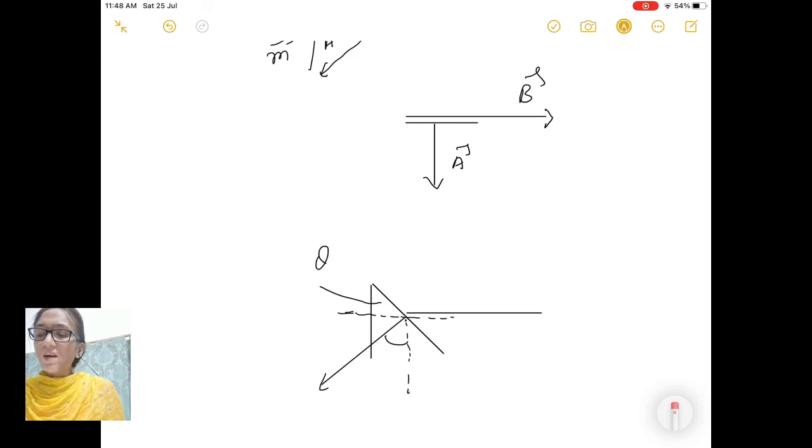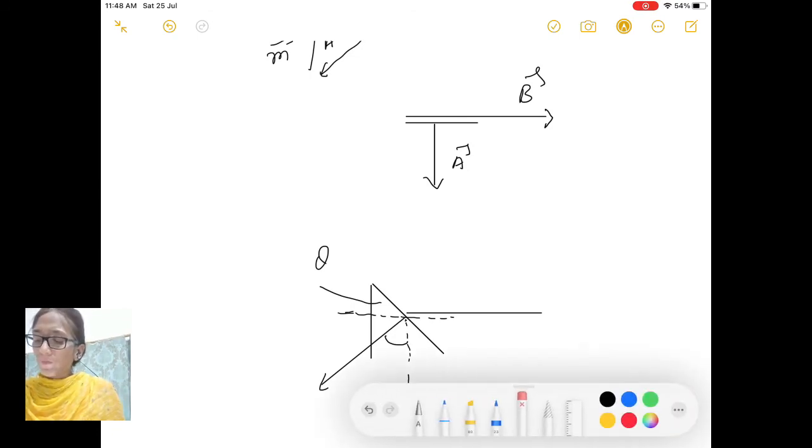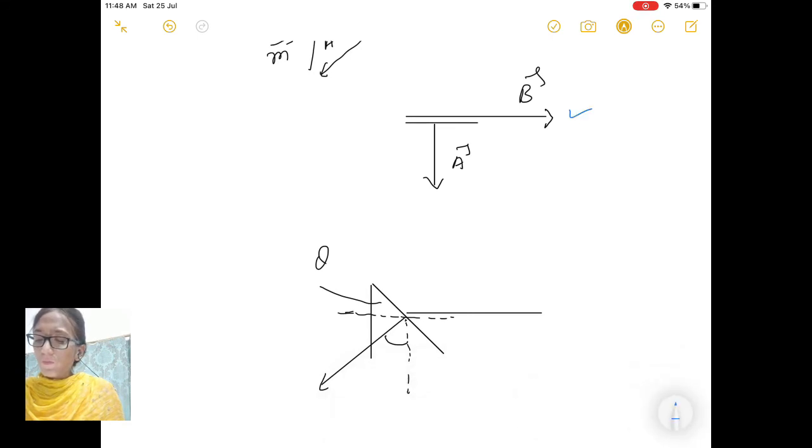Initially the B was along this horizontal direction, and the area vector was in the perpendicular direction. Now when the coil is rotated, I had taken this angle as theta. So this is a right angle triangle.